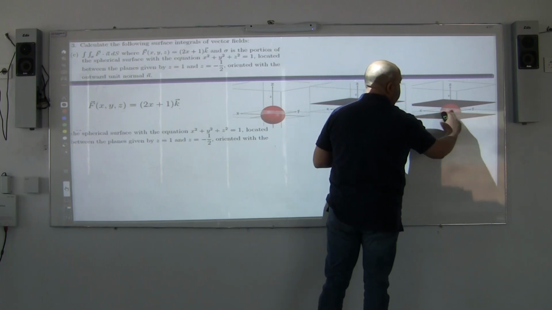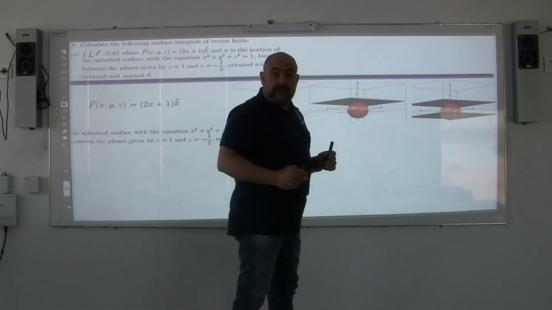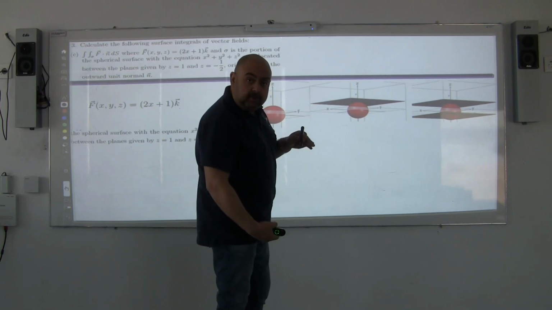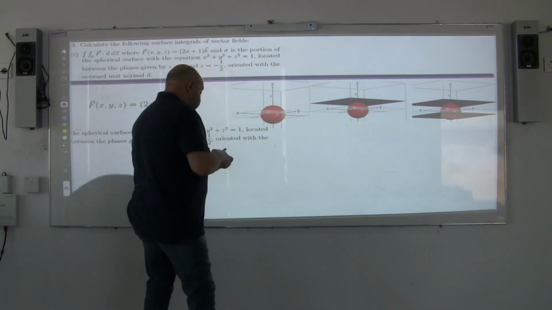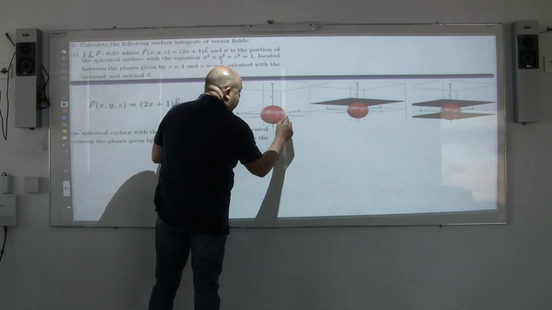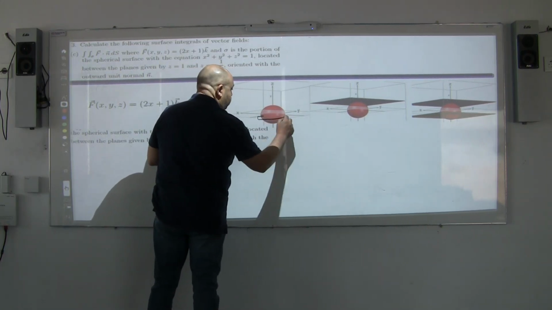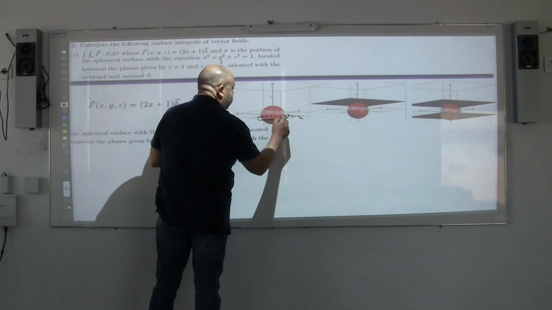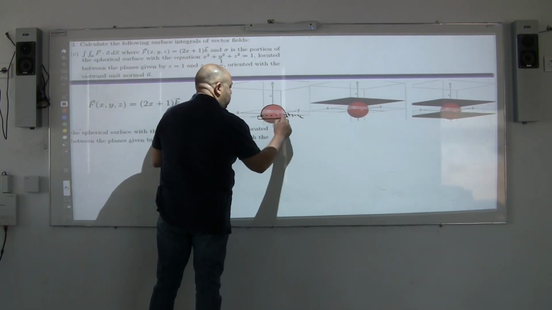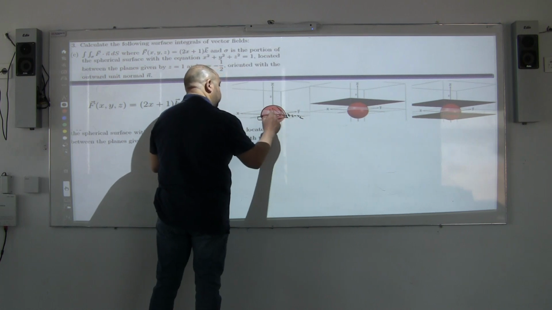I'm talking about this part of the sphere, from z equal to negative half to the whole sphere. To give more clarification, that's z equal to negative half. So I'm talking about this part here, all of this part, without the upper part.